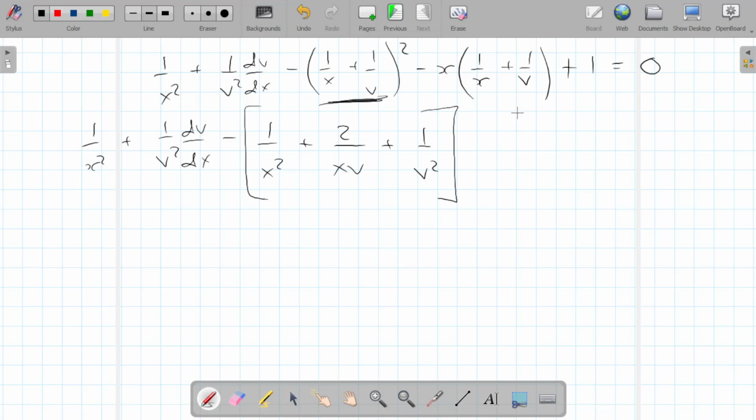And multiplying this out, we get minus 1 minus x over v plus 1 equals 0. Right, it looks as though we are doing it right, but let's not jump the gun yet.